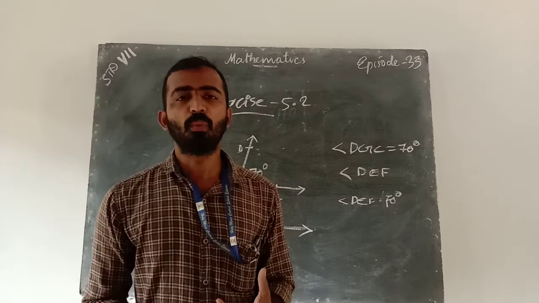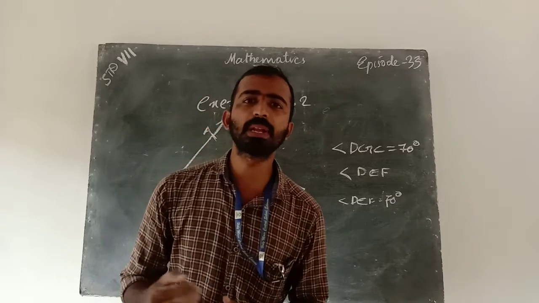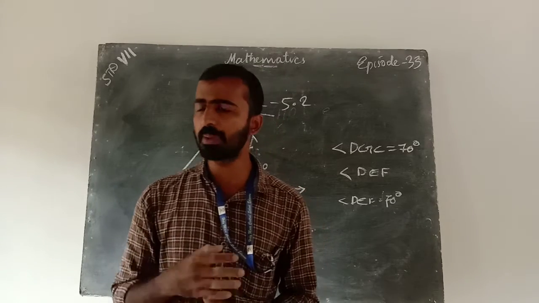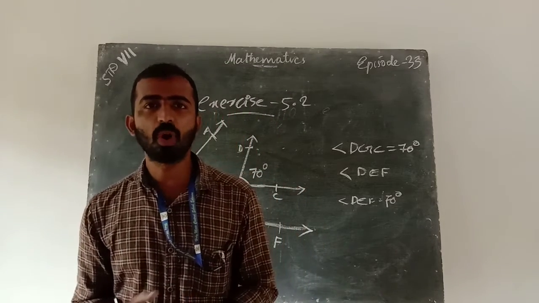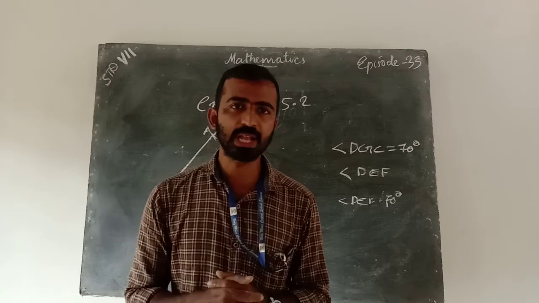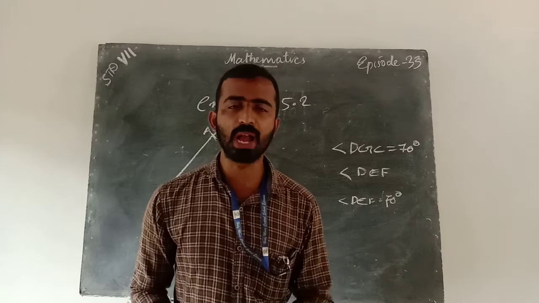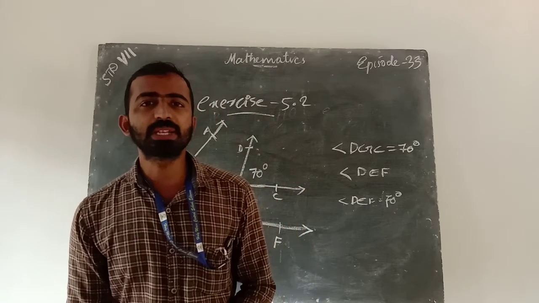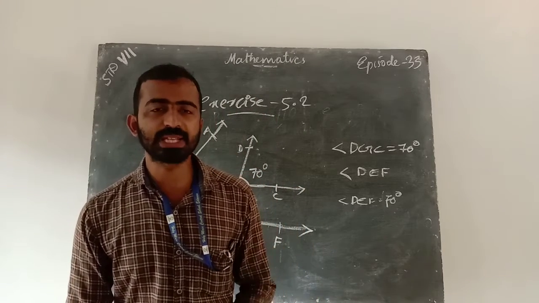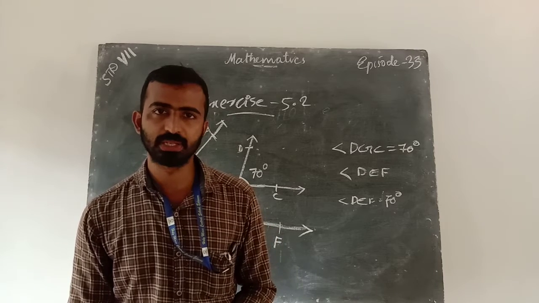Next we discussed complementary angles. Complementary angles are two angles whose sum is 90 degrees.